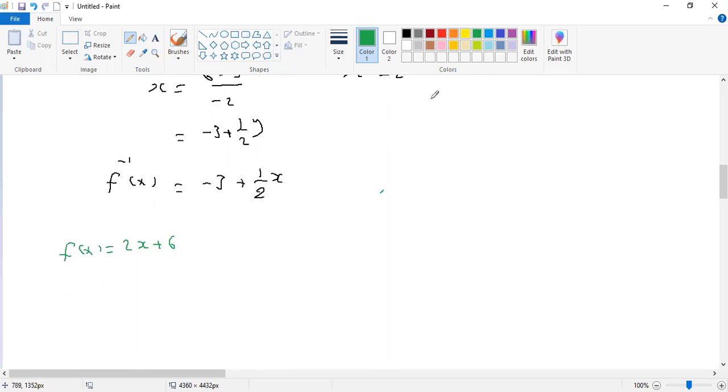This is the inverse. Now, if I input, for example, 4 into f, what is the output? The output is 2 times 4 plus 6, because x is 4. So the answer is 8 plus 6, which is 14. If you input 4, the output is 14.